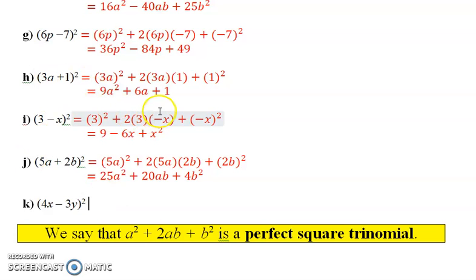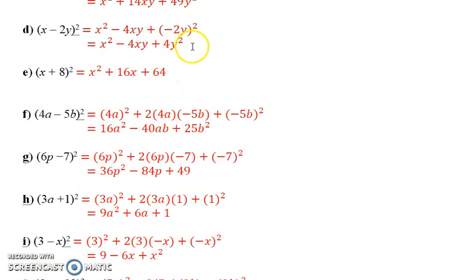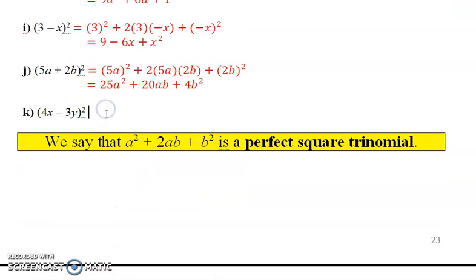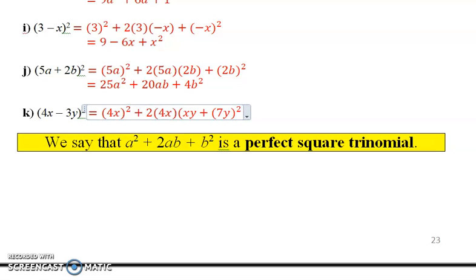And the last one with the x's here. We have equal to 4x, that's squared, plus 2 times 4x, open up your bracket, minus 3y, close bracket, and minus 3y squared.